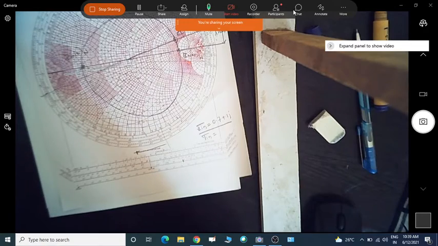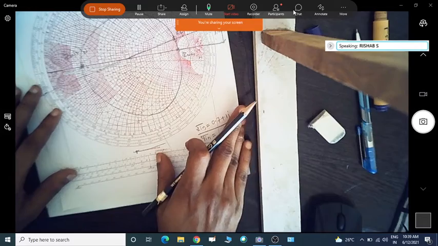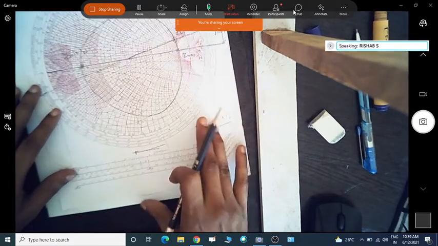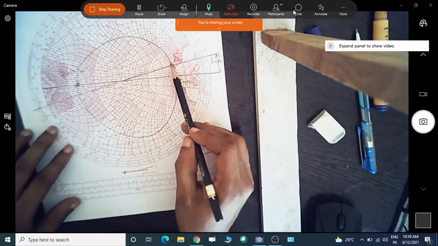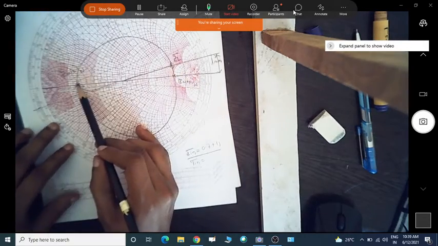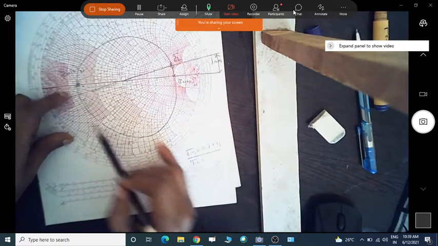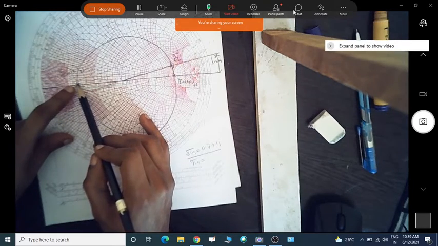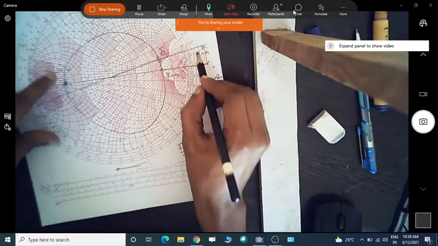Yeah, once again I will show you L minimum. L minimum is from this point to this point. Either you can directly find it from ZL bar to the Z minimum normalized point. That length will be L minimum.